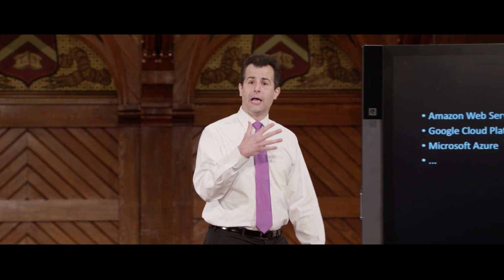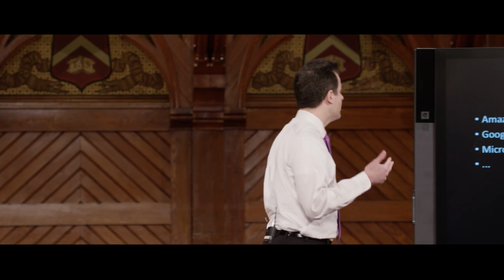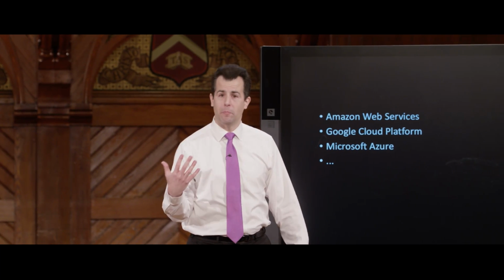You can instead essentially rent a server in the cloud, which is to say that Amazon, Google, Microsoft, or any number of other companies will host that server physically for you, and they will take care of the issues of power and cooling. And if a hard drive fails, they will go remove the old one and plug in the new one, and ideally they will provide you with backup services.